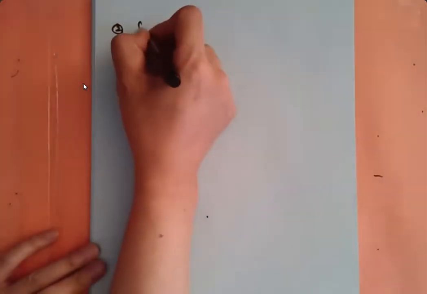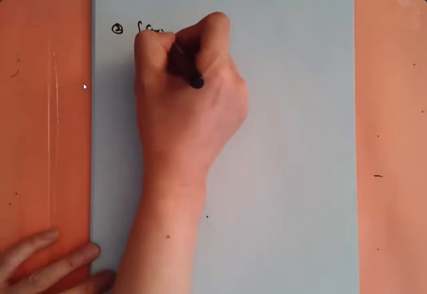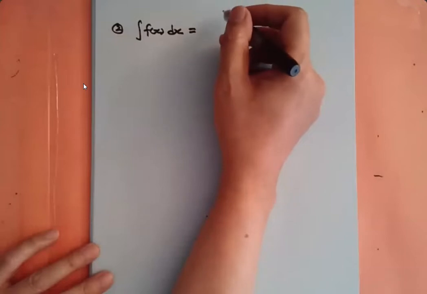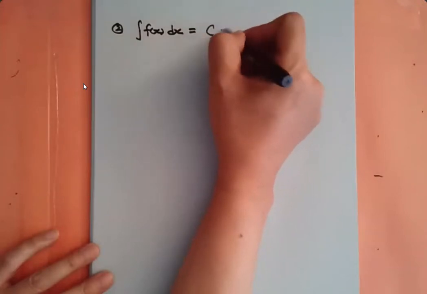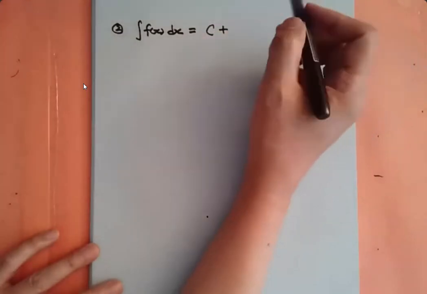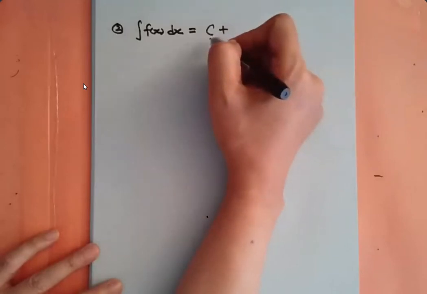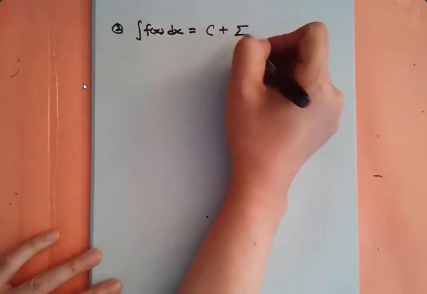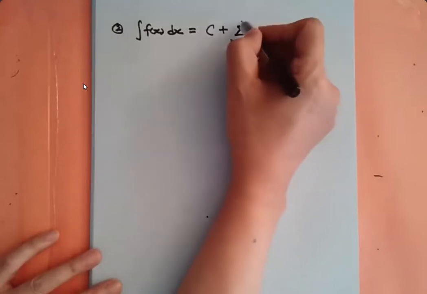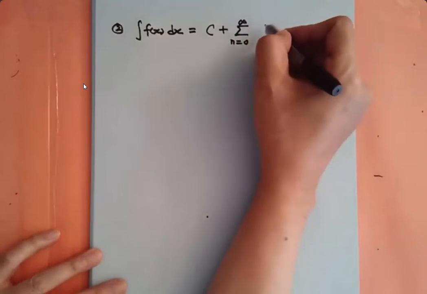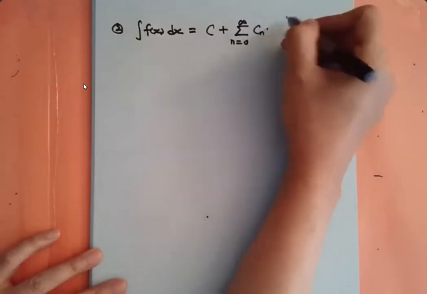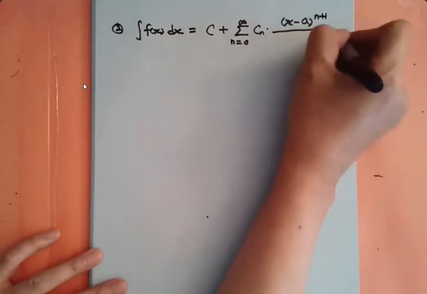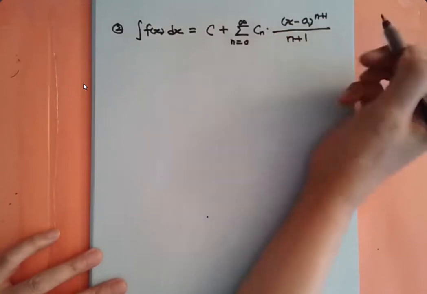The next one is integration, integral of f of x dx. Again, this is an indefinite integral, so we have to put plus C. Let's write it down first. It becomes summation n equals 0 to infinity Cn times x minus a to the n plus 1 power over n plus 1.